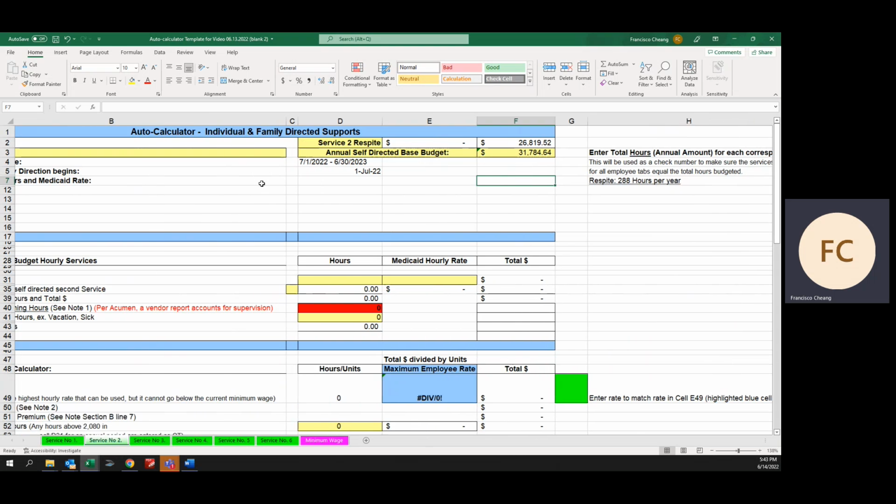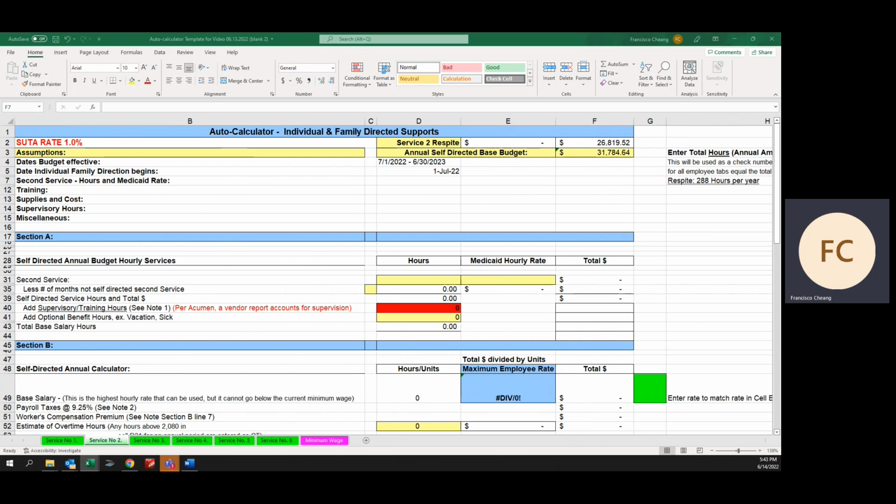Then we're gonna go here in our assumptions. We're gonna take our ISP. Again, the dates the budget is effective are gonna be July 1st, 2022 to June 30th, 2023. This service is also gonna start on July 1st, 2022.